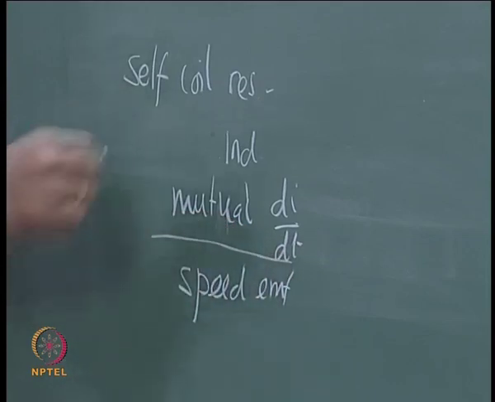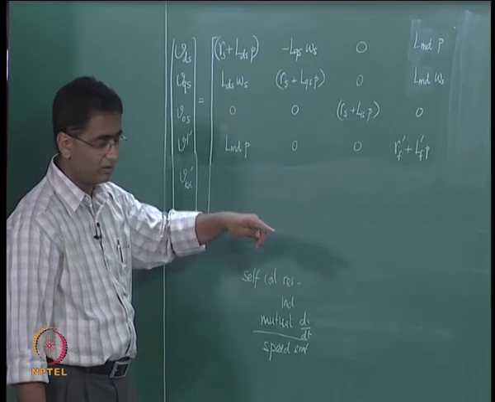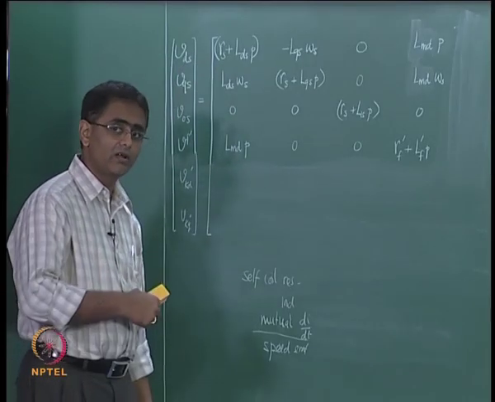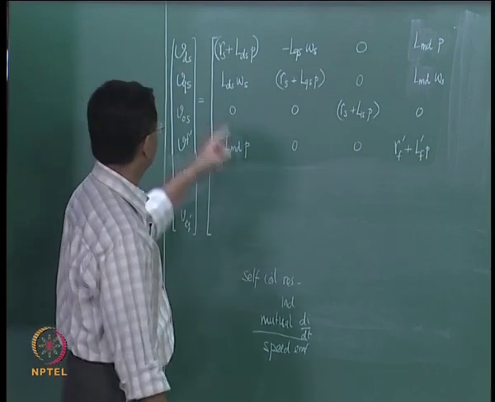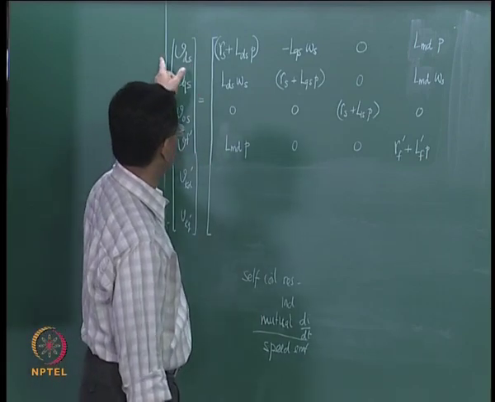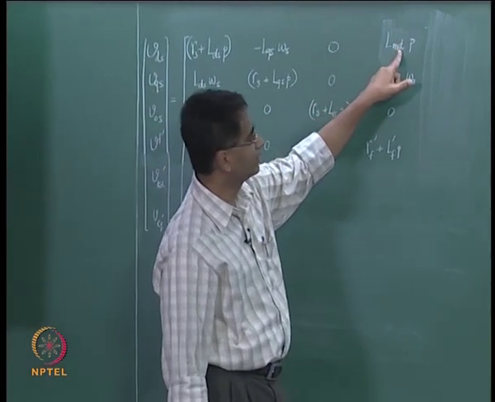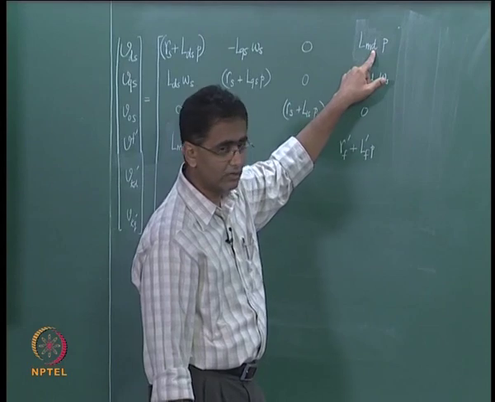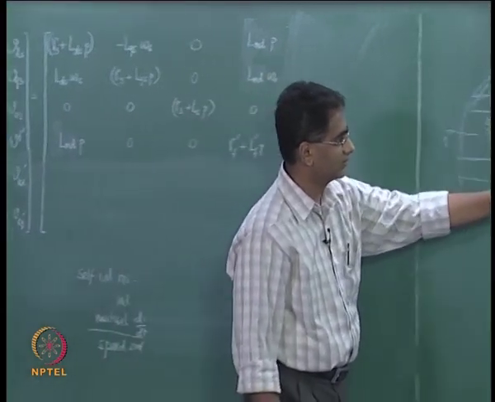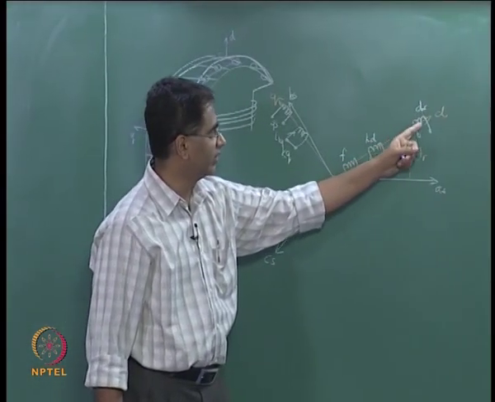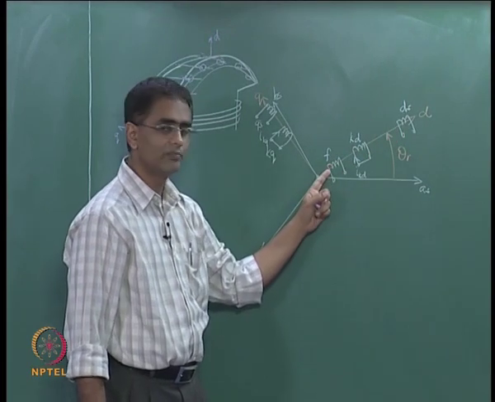Mutual di by dt terms, we have seen that they will occur between one coil and another coil, provided they lie along the same axis. For example, here if you take the voltage of the d axis term, you have a mutual inductance due to the field coil, which was the mutual between this ds and f.